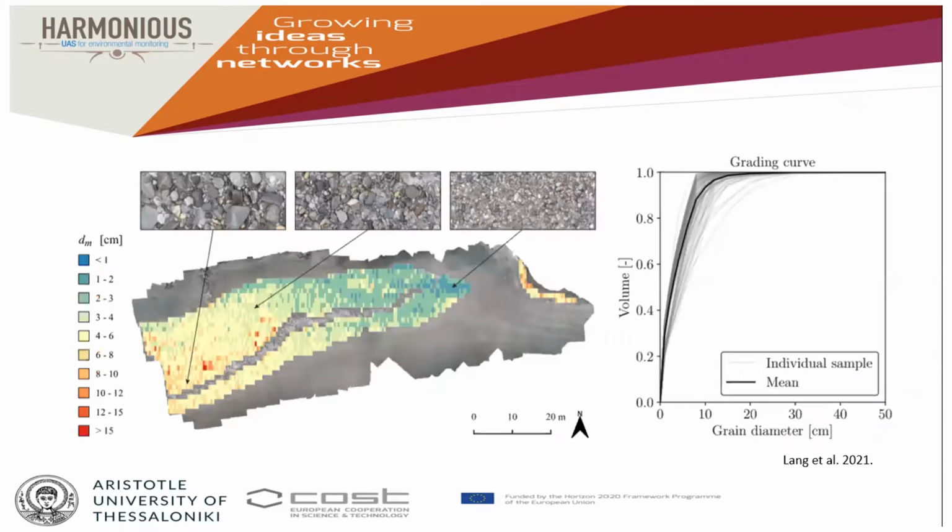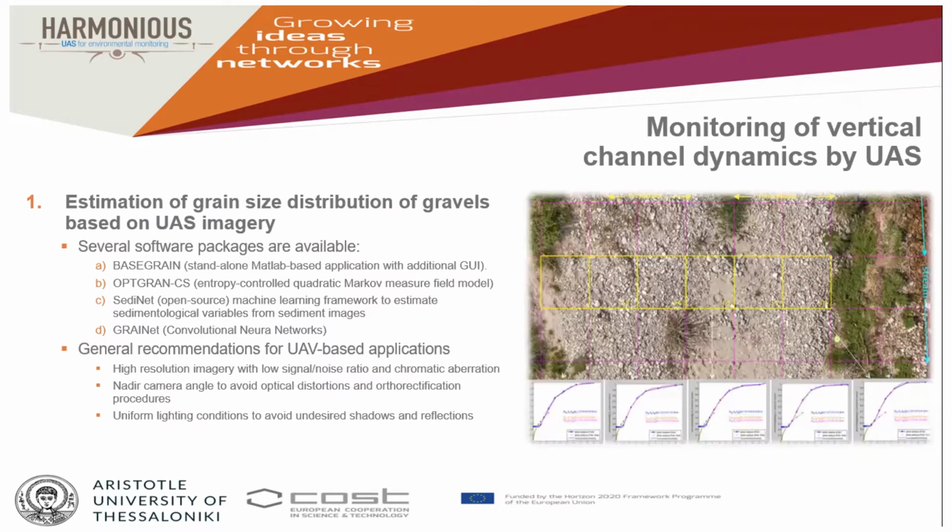We can even extend it to a whole subreach, and based on these learning algorithms, we can highlight the spatial distribution and the spatial characteristics of the sediment load and the sediment depositions, which can help a lot in preventing extreme events.